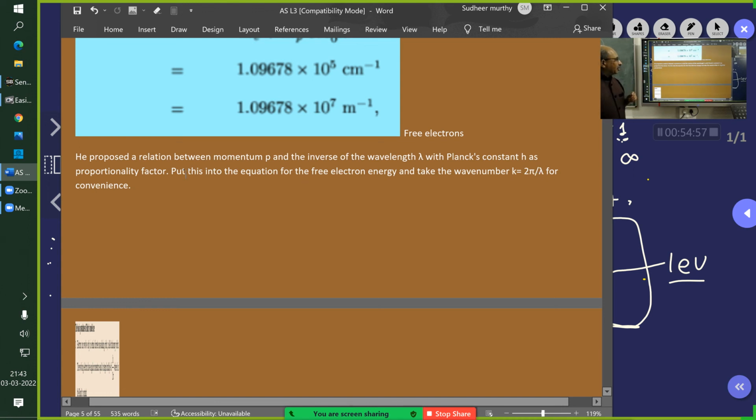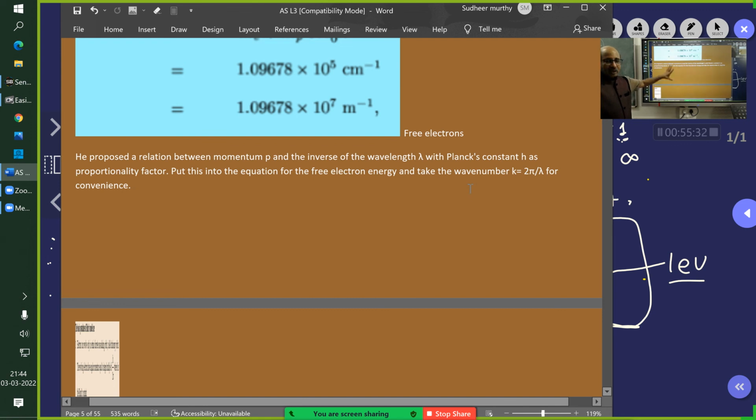Here also the same concept is used, but for free electrons, he proposed a relation between momentum p and the inverse of the wavelength lambda, with Planck's constant h as a proportionality factor. I suppose you know this relation. Yes, de Broglie wavelength. I'll come to de Broglie later on.